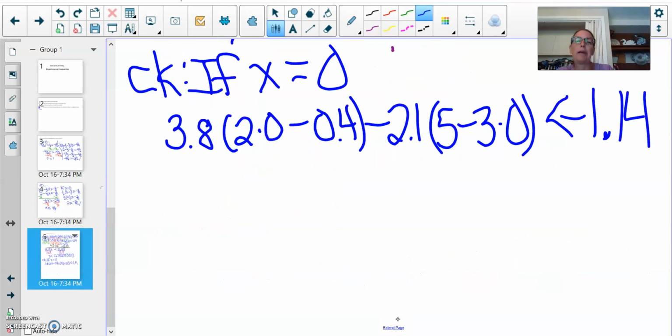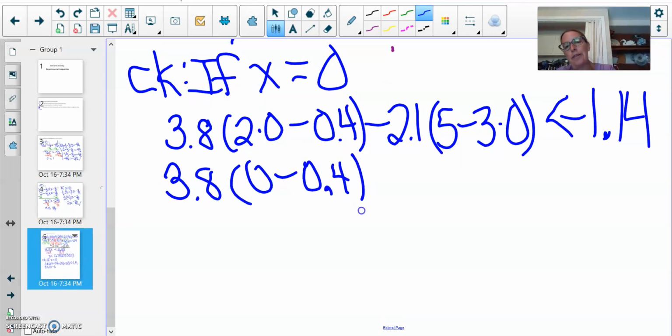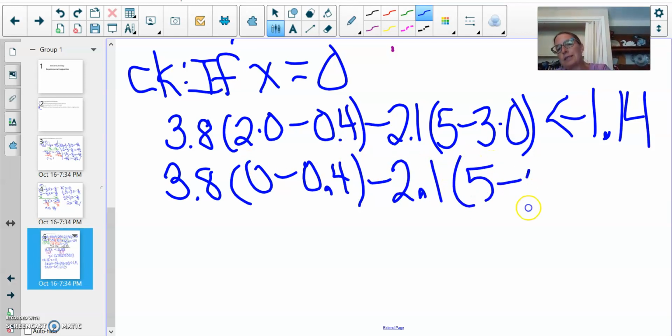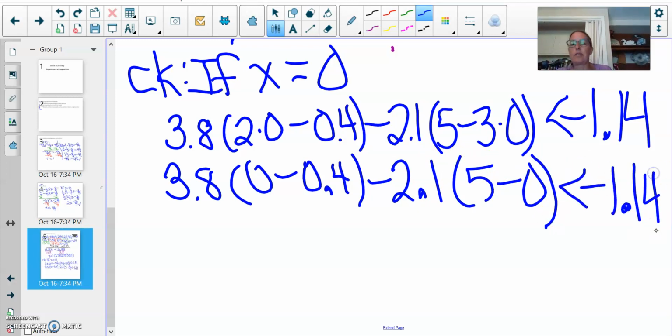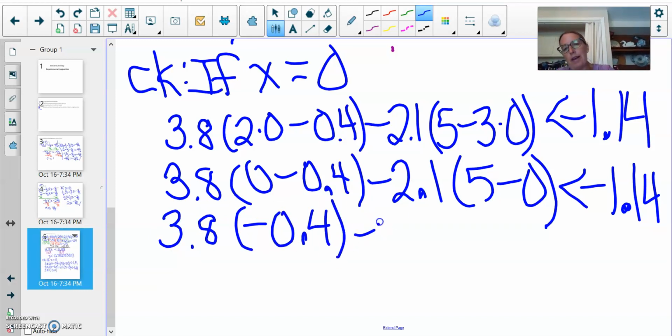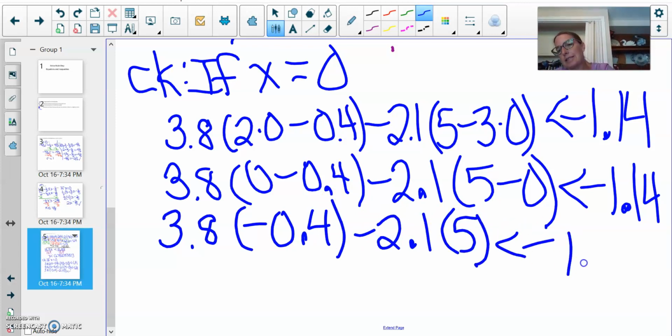Okay, multiply them out in the parentheses. So 3 8/10 times 0 minus 4/10, minus 2 1/10 times 5 minus 0, is less than negative 1 14/100. Simplify those parentheses still, so 3 8/10 times negative 4/10, minus 2 1/10 times 5, is less than negative 1 14/100.